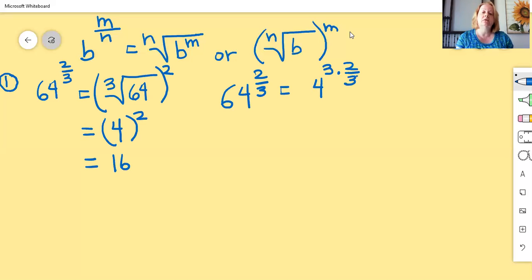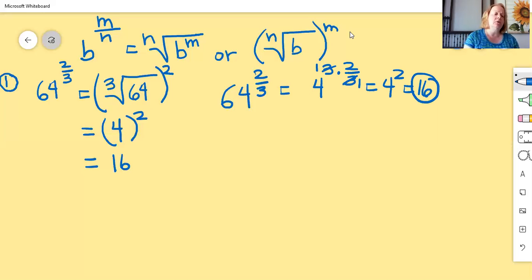So these cancel, and I'm left with 4 squared, which is 16. So there's 2 different ways you could approach this problem. You could write it in radical form and solve it, or just leave it in exponential form, rewrite the base, and see if you can't cancel some numbers here.